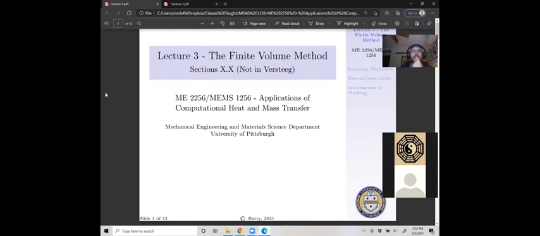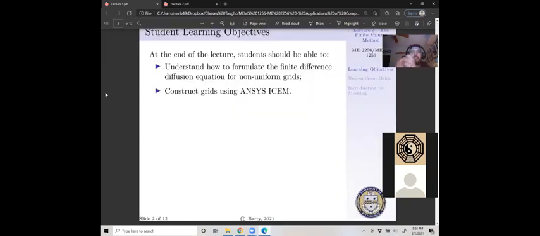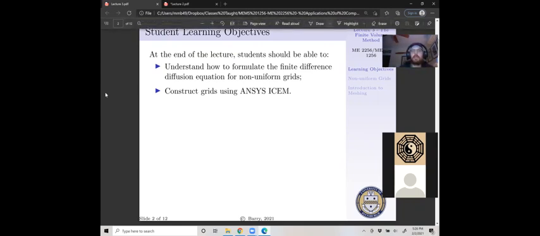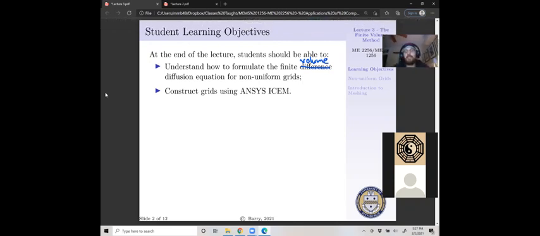Now, let us jump right in. So today we're going to talk about, and once again, I had a small brain fart, finite difference, that is my first love, because everyone learns finite difference before finite volume. But we're going to formulate the finite volume diffusion equation for non-uniform grids, because oftentimes we can't make a uniform grid.